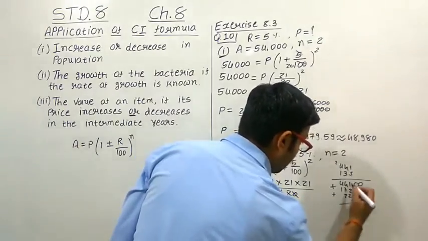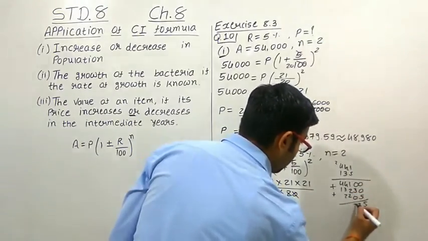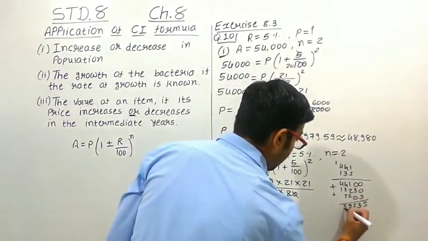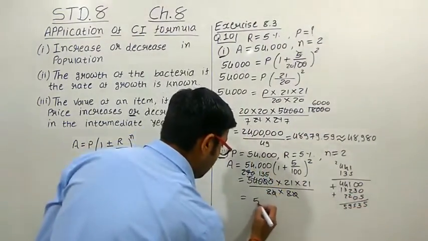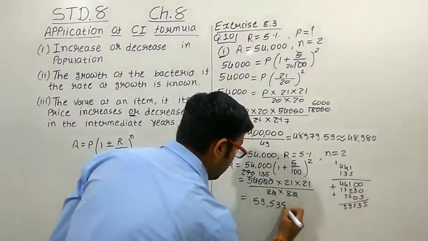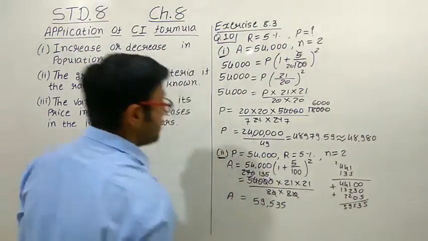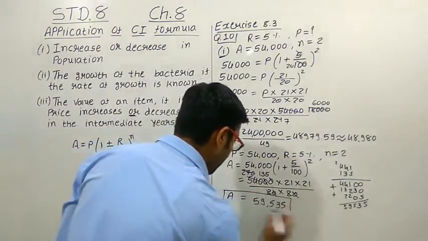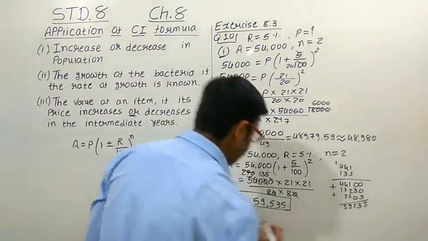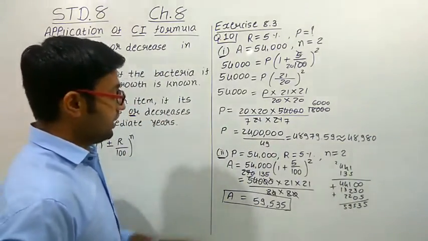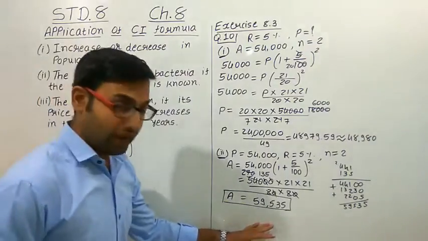The answer we are getting is 59,535. So this will be the population of that city after 2 years, in the year 2005.